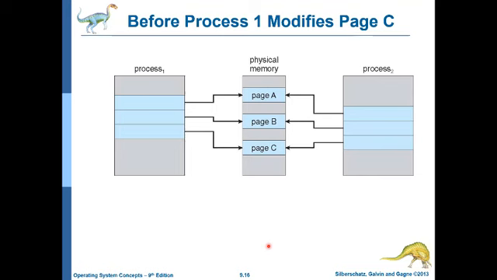So here is the example. You have two processes and three pages, page A, page B, and page C, and both processes are using all these pages at the same time.